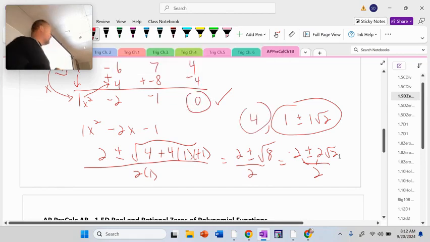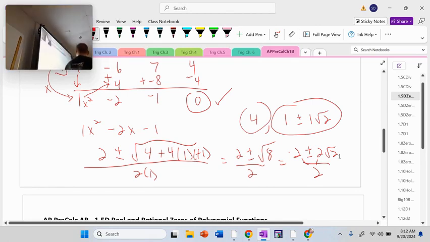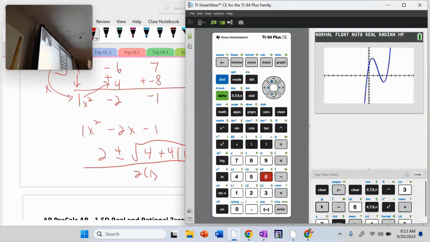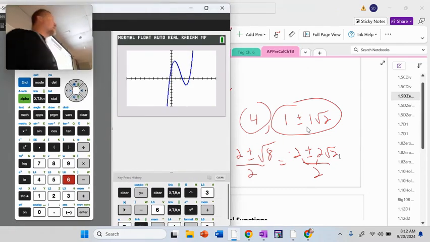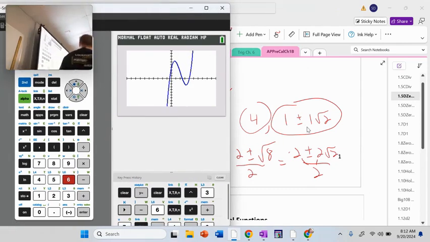I want to go to the graph again, and let's slide this over. It's probably easier to do this way. 1 plus root 2 is that zero right there in decimal form.